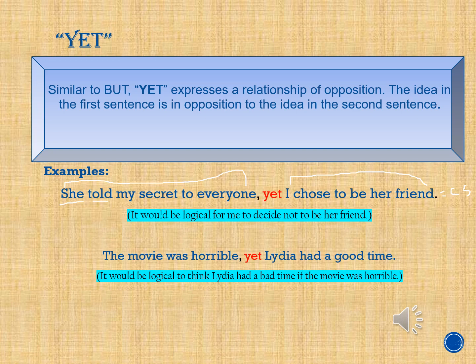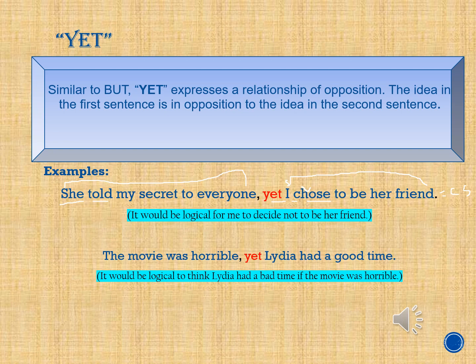So I have an independent clause here, comma, yet is my coordinating conjunction. I choose something contrary, see? I is my subject, choose is my verb, to be her friend is my complement. I choose to be her friend is my second independent clause. Altogether, I have one compound sentence.